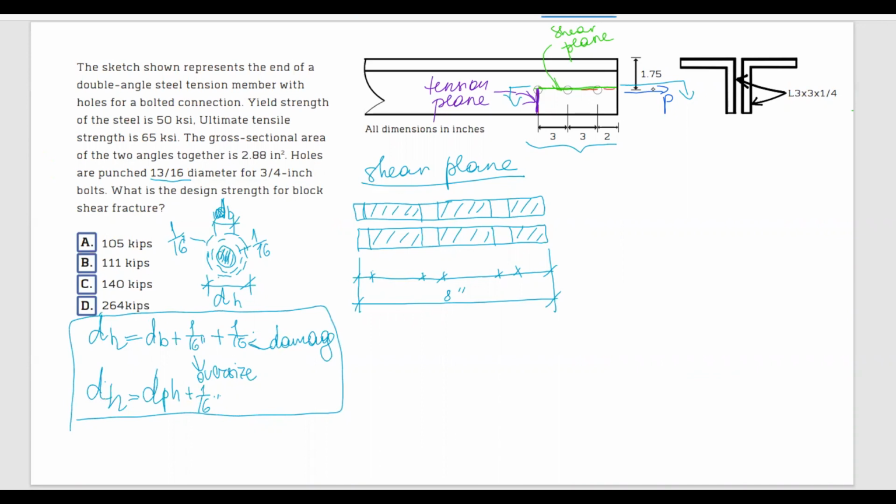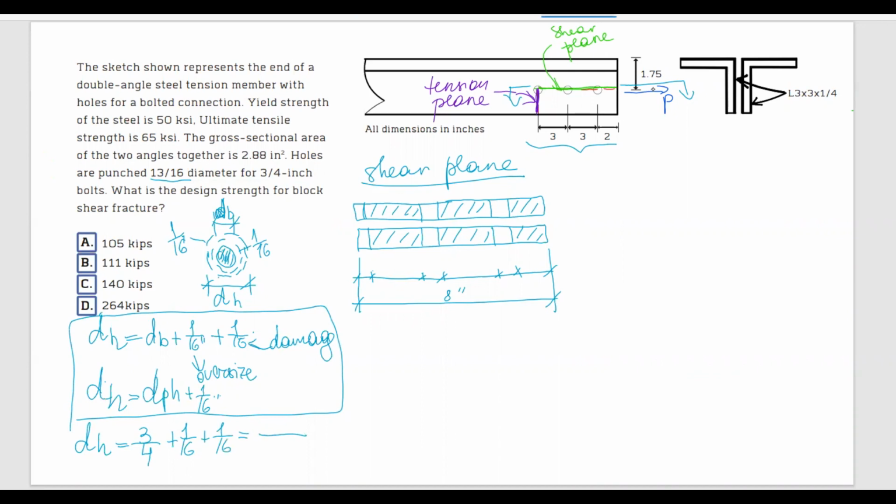In our case, let's go ahead and calculate the diameter of our hole. I will take the diameter of the bolt, which is 3/4, plus 1/16 of an inch, plus 1/16 of an inch.